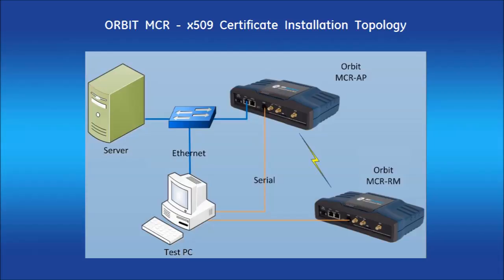This network has been verified to show proper communications end-to-end, meaning the Orbit MCR 900 link has been verified and the remote can pass and receive data traffic to and from the server as well as the test PC.